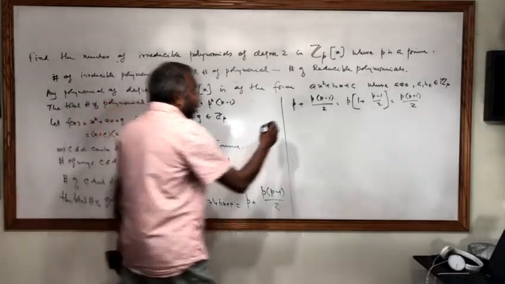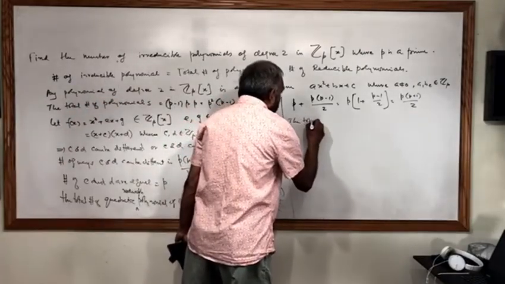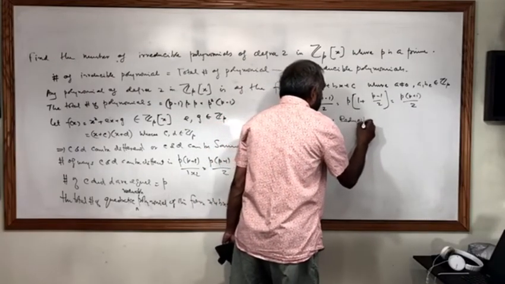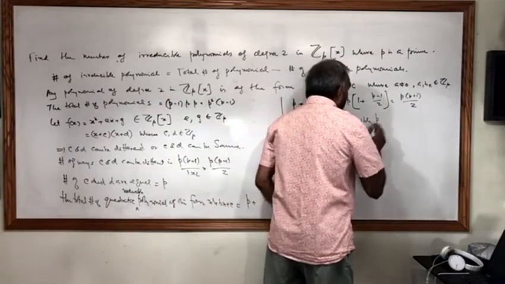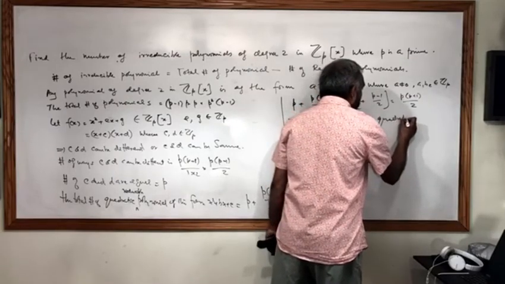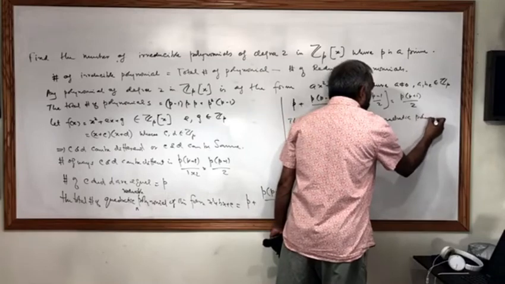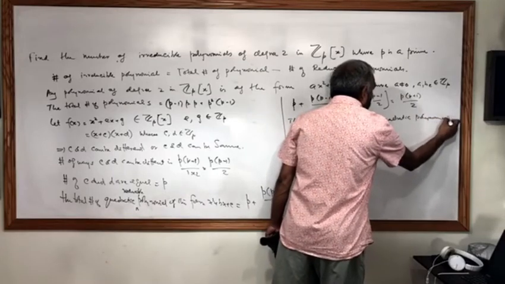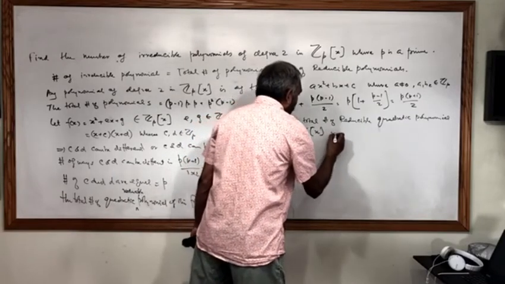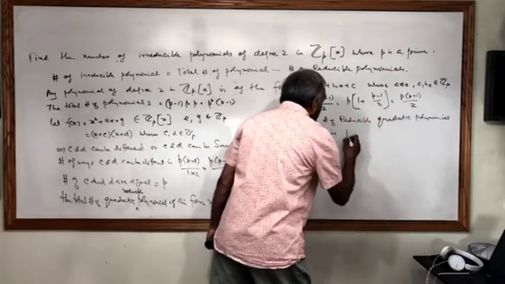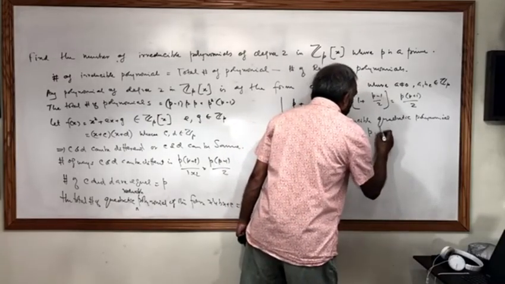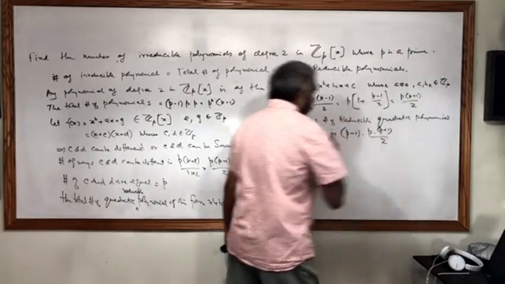So the total number of reducible quadratic polynomials in Zp of x is (p minus 1) times p times (p plus 1) by 2.